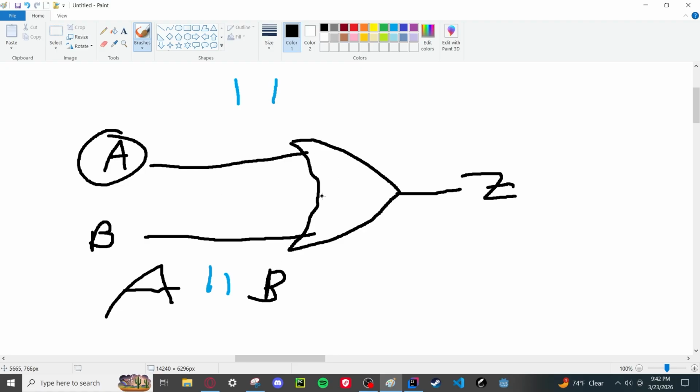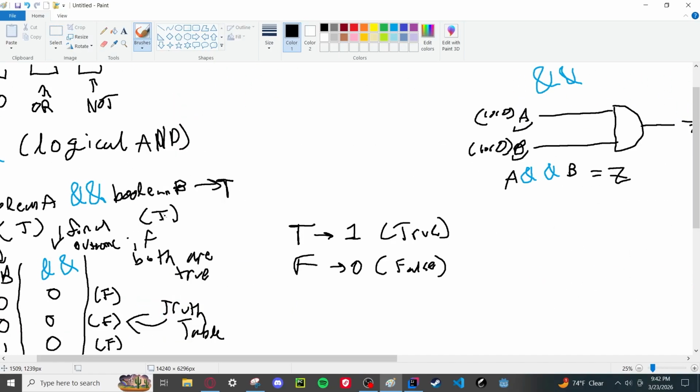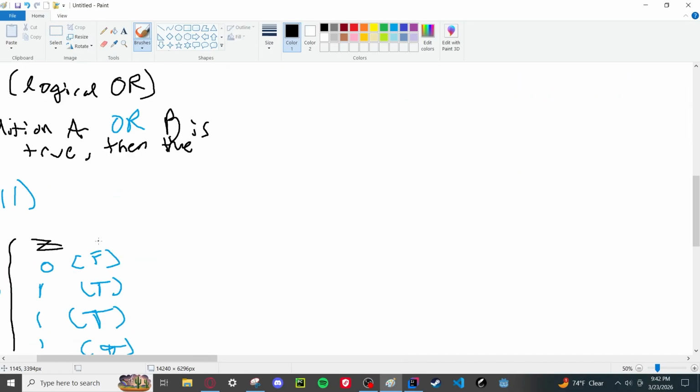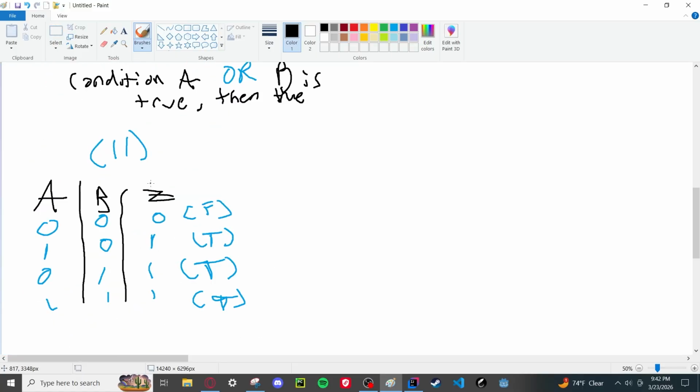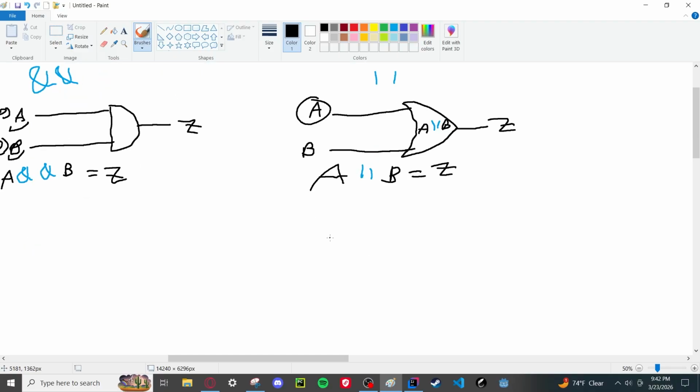It's going to take A, or with B, and it's going to return whatever that output is saved to Z. Just like we saw with our truth table examples, how the final outcome was saved to Z. It's kind of a bad example. Yeah, Z, right? I don't know if Z is official terminology, that's what I'm using.